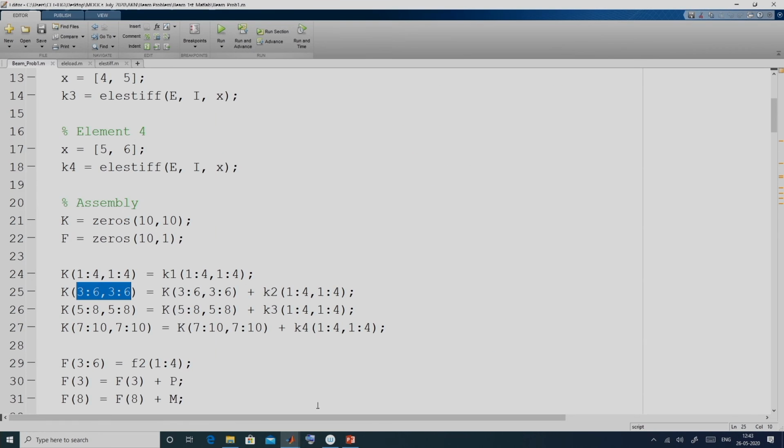You can see in the Matlab program K3 is added from 5th row to 8th row and 5th column to 8th column, and K4 is added to 7 to 10 row and 7 to 10 column. Thus, we have performed the assembly in Matlab.